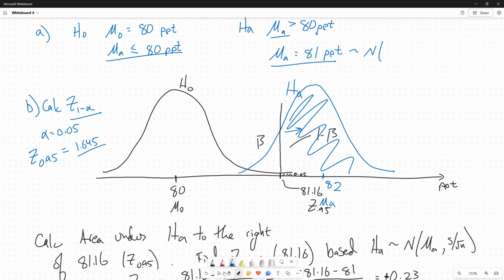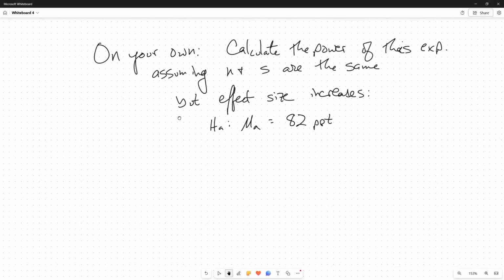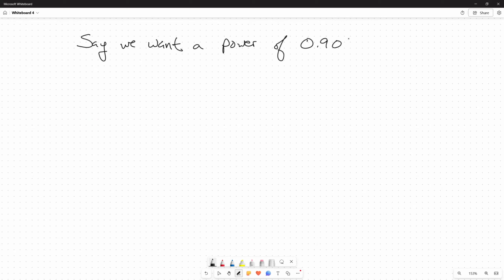And then the last thing I'm going to walk you through is just one other example here. So let's say we want a certain power. And let's just say that power, we want it to be 0.9 or 90%.